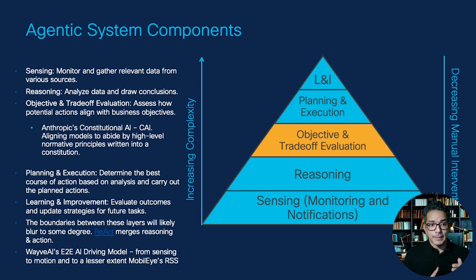The boundaries between these layers will likely blur to some degree. For example, ReAct already merges reasoning and action, the framework. And Wayve AI is an end-to-end AI driving model from sensing to motion, and to a relatively lesser extent, Mobileye RSS.